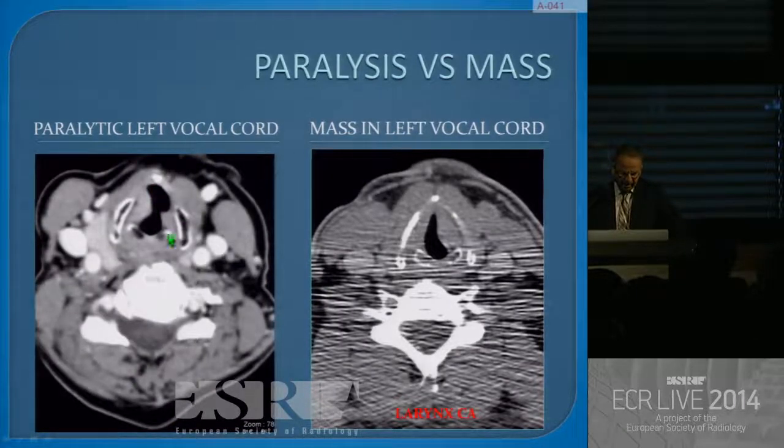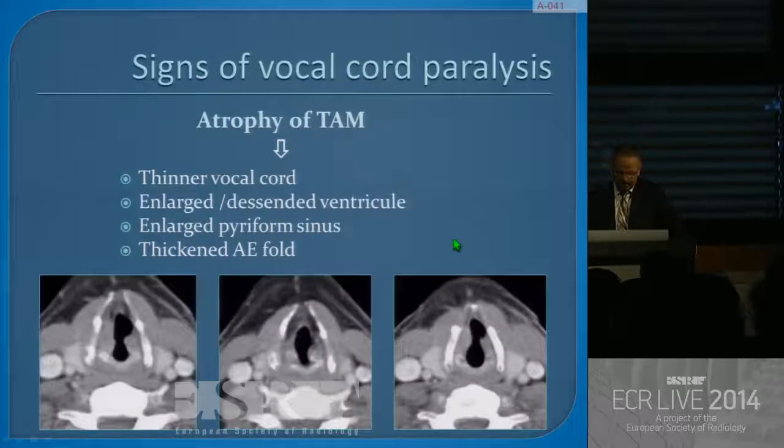In this case, the left side is the paralytic side, and there is no mass on the right side. This is just simple protrusion as a result of Bernoulli's effect. It looks similar to a real tumor in another case on the left side.